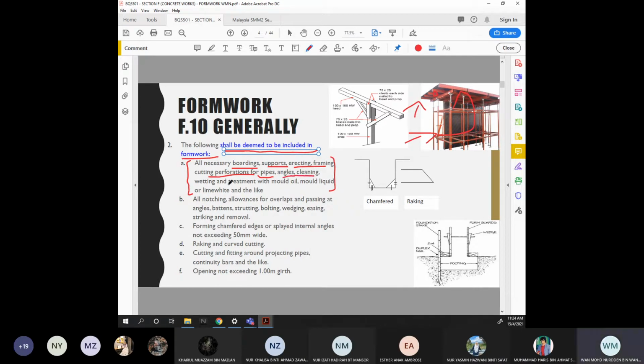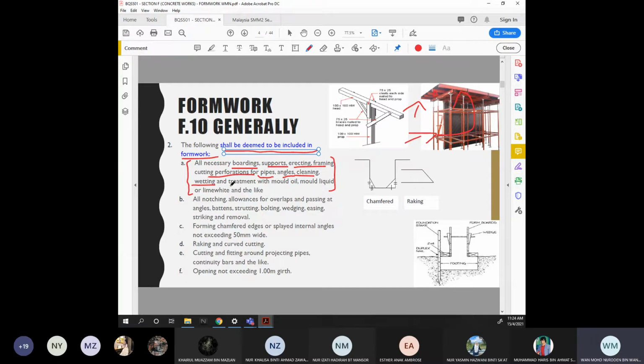Angles, cleaning, wetting, cuci, wetting, membasahkan kita punya formwork. Formwork perlu basah, tak boleh kering, sebab kalau dia kering, formwork itu akan absorb water from concrete dan dia akan disturb the quality of the concrete.